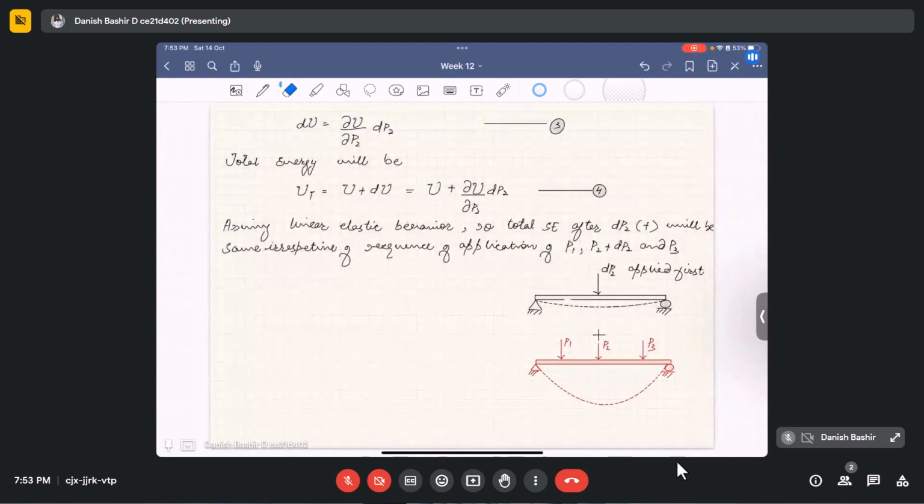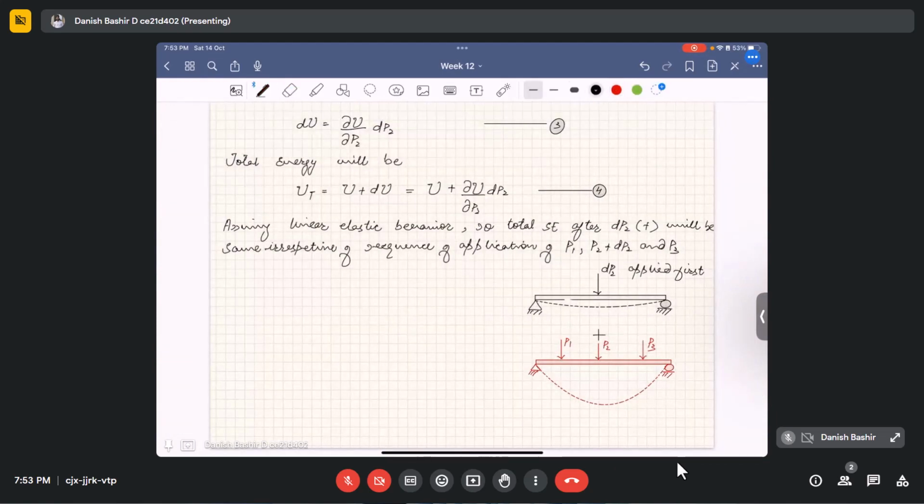This is causing d delta 2 deflection here, and these were already causing their respective deflections: delta 1, this one causing delta 2, and this one causing delta 3. I hope this concept is clear to you.